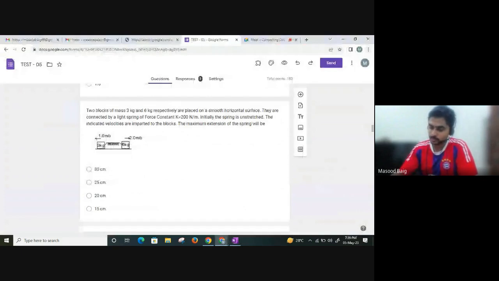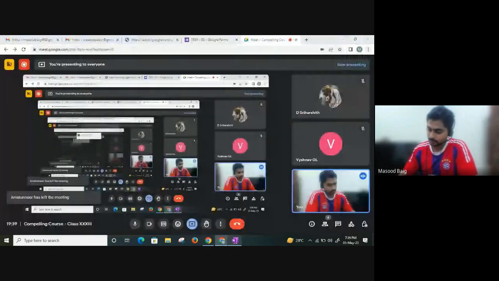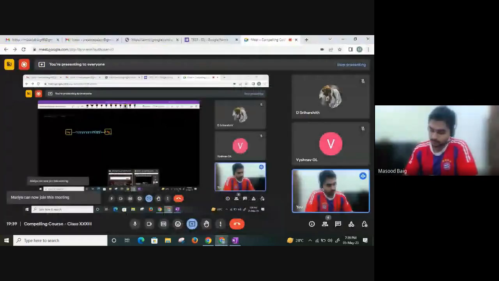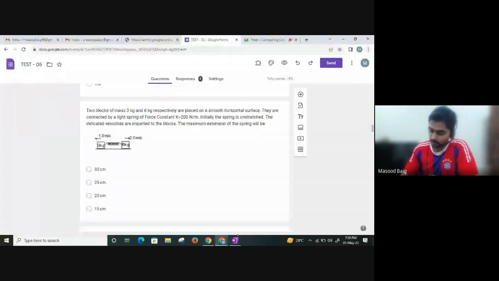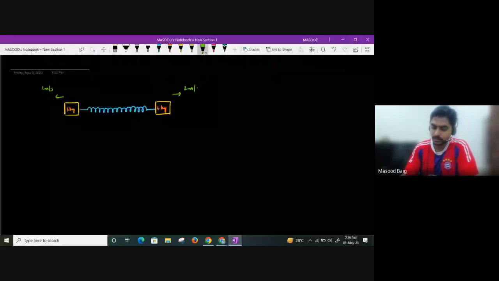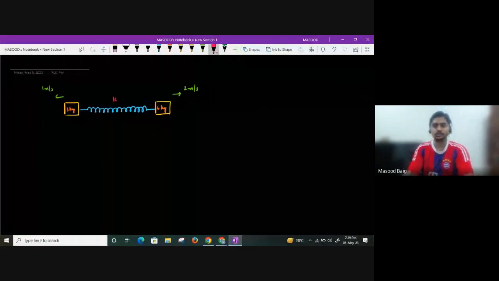Both are given speeds, I think 1 meter per second and 2 meter per second. Initially the spring is unstretched, in natural position.